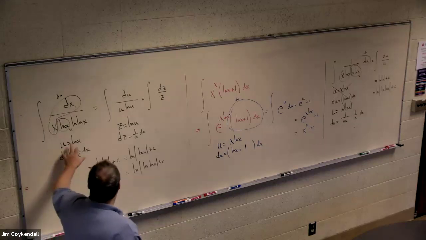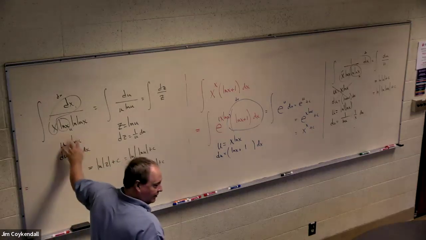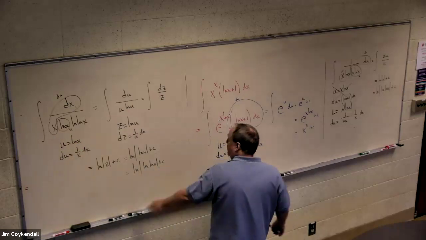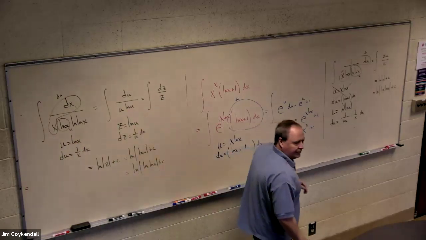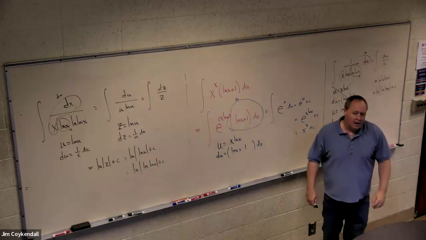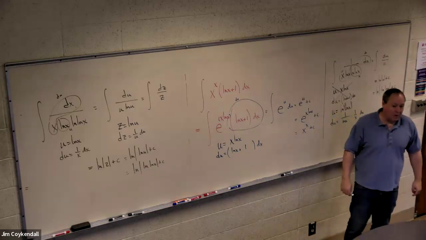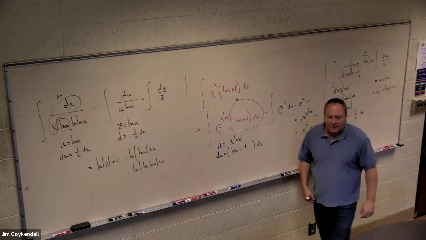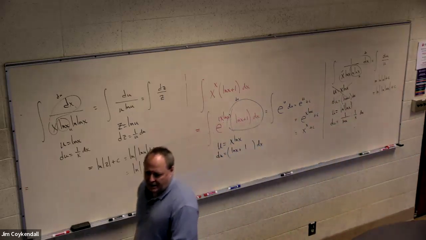So this substitution didn't quite have the cleverness that Eli's substitution did, but it gets us there eventually. So often there are multiple ways to do this. Okay, any questions?